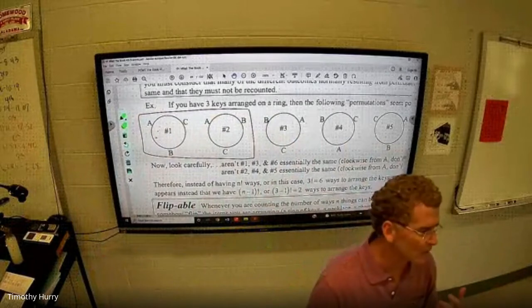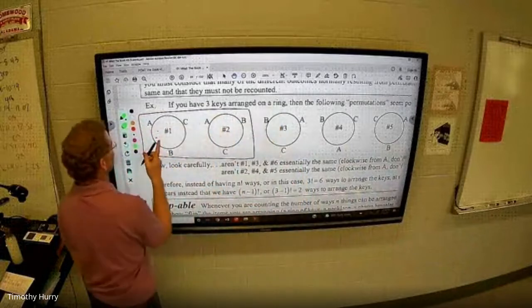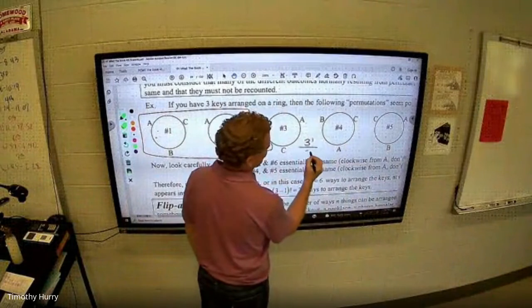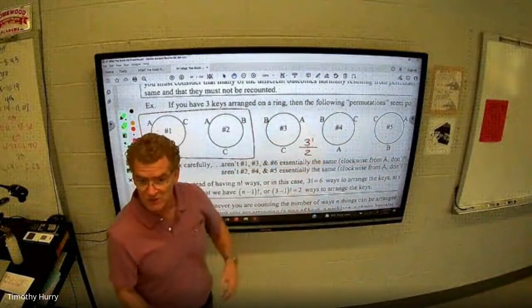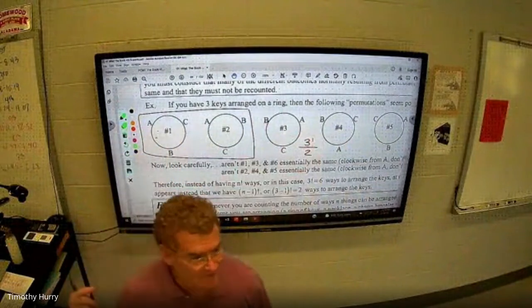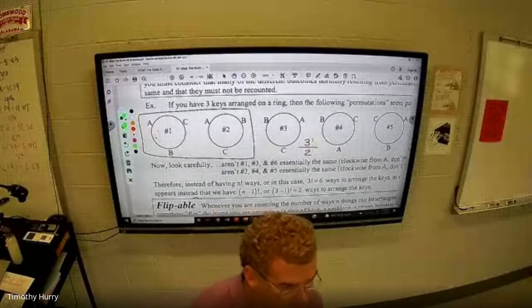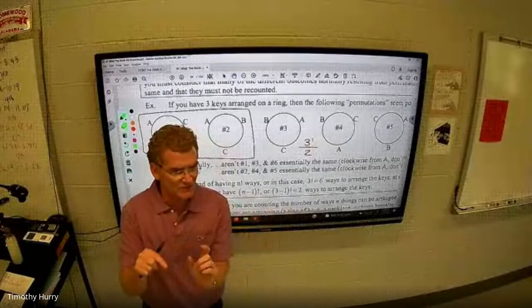Now, I can't do that with 4 keys, because 4 keys on a key ring would not be 4 factorial, it would be what? 3 factorial divided by 2. And that 3 factorial divided by 2 would be 6 divided by 2, which would be 3. But if I gave it to everybody in the class, I could make everybody's keys look like one of 3 options just by either flipping the key ring over or moving stuff around.